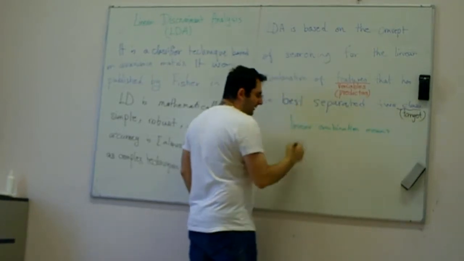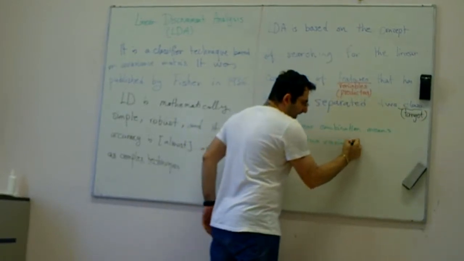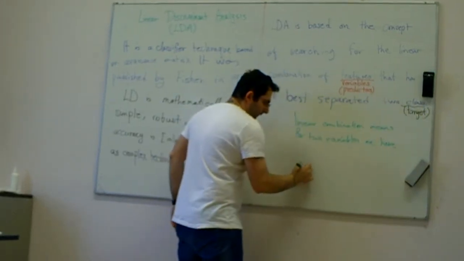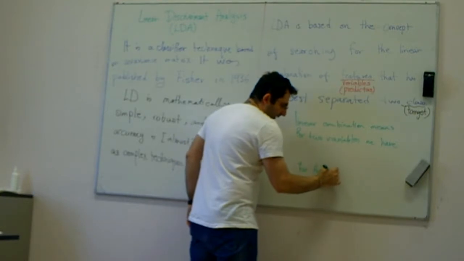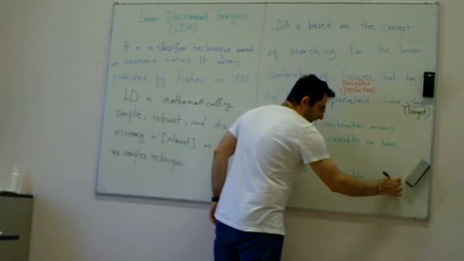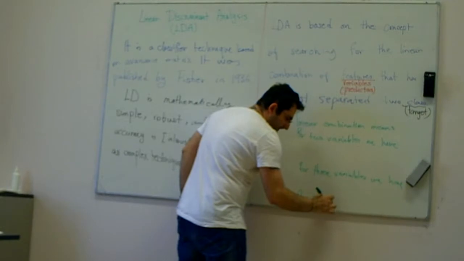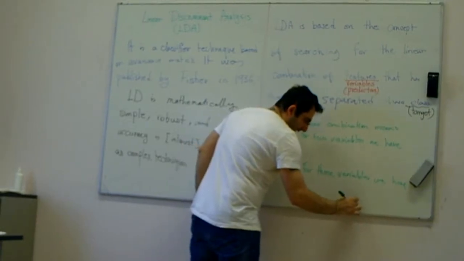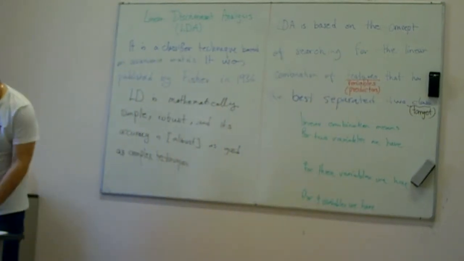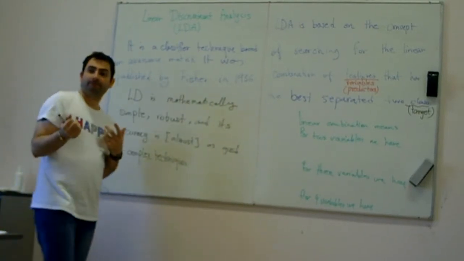Linear combination means for two variables we have, for three variables we have, for four variables we have, okay, you tell me, linear combination of two variables, what do we get? A line.